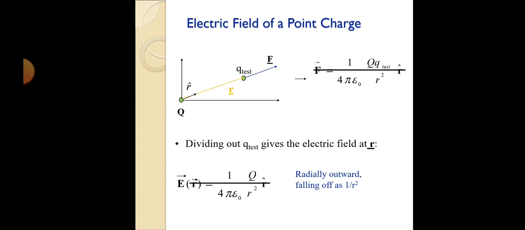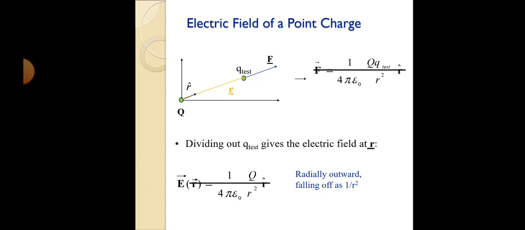So by Coulomb's law, F equals 1 by 4 pi epsilon naught, q q test divided by r square, and here the direction of the force is radially outward, that's why r vector. On dividing by q test we get the electric field, and that is E(r) equals 1 by 4 pi epsilon naught, q by r square, r vector.